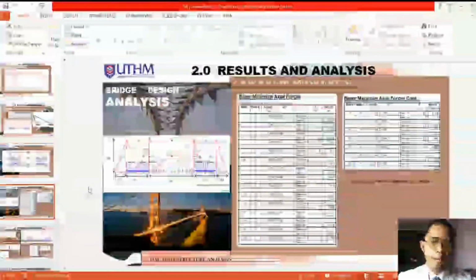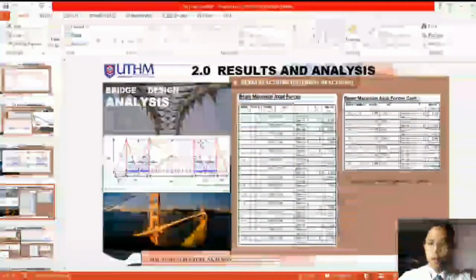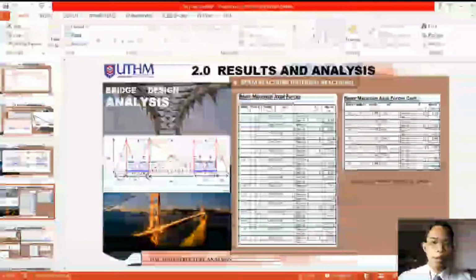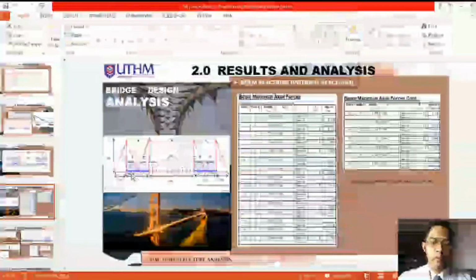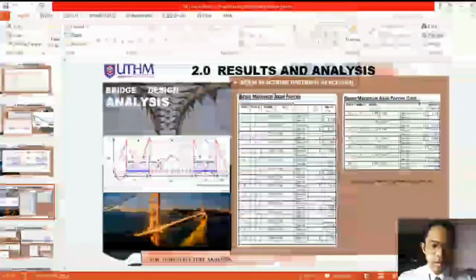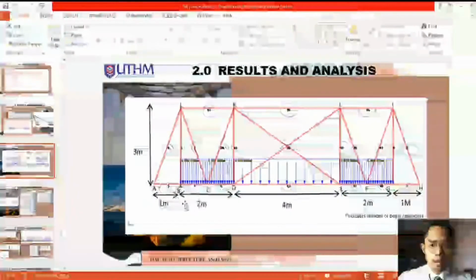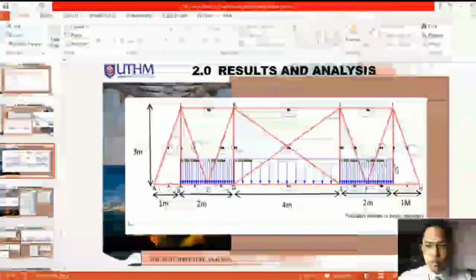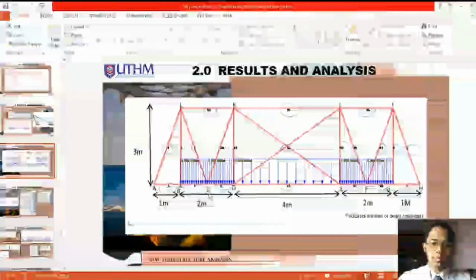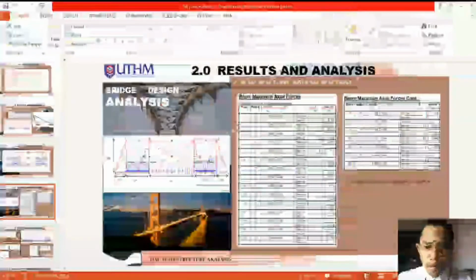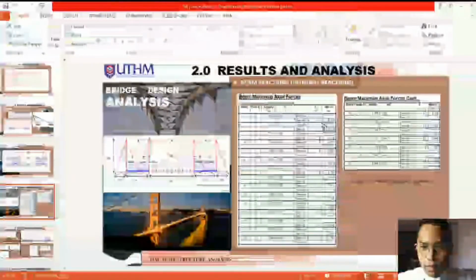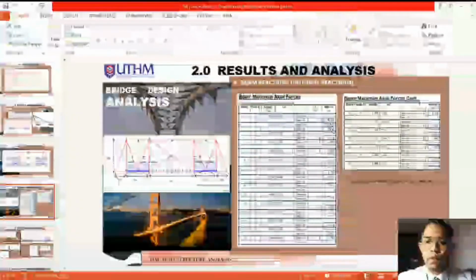Last but not least, the maximum axial forces. From the bridge that we have designed, beam 1, located here, has the maximum axial force in the x direction of negative 0.428.